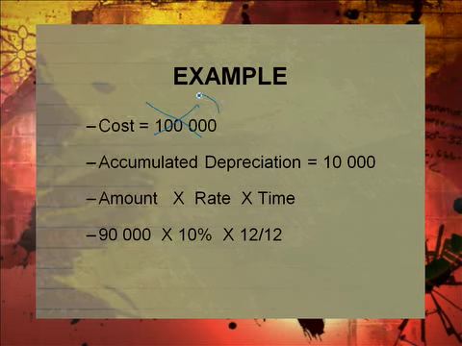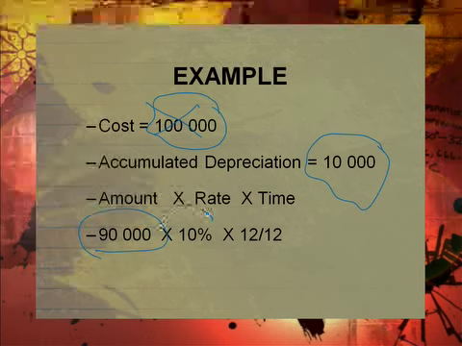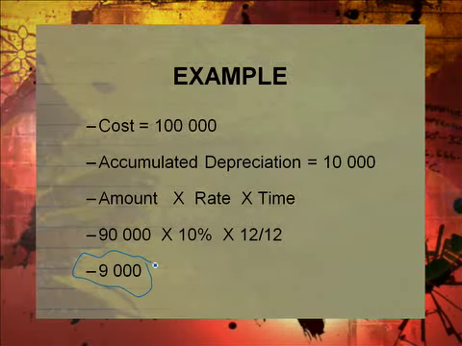By taking my cost price and subtracting my accumulated depreciation. I come with 100,000 minus 10,000, which gives me 90,000, times the rate of 10%, times the time, 12 over 12. You can clearly see that something different has happened: my depreciation amounts to 9,000 Rand.